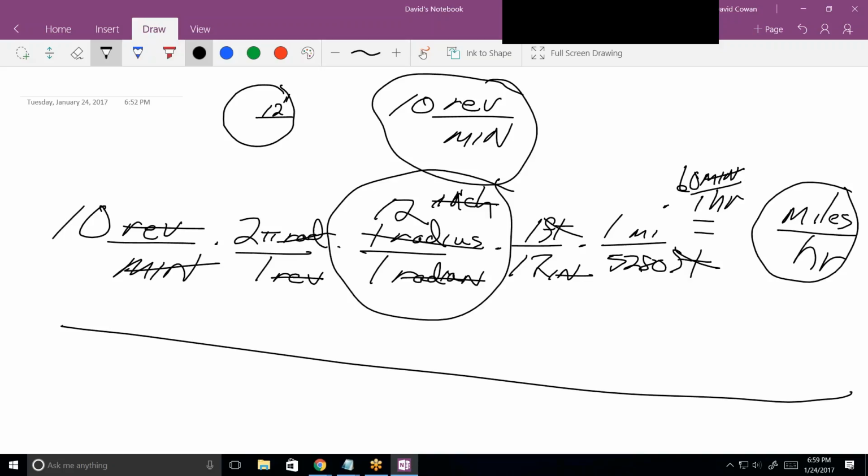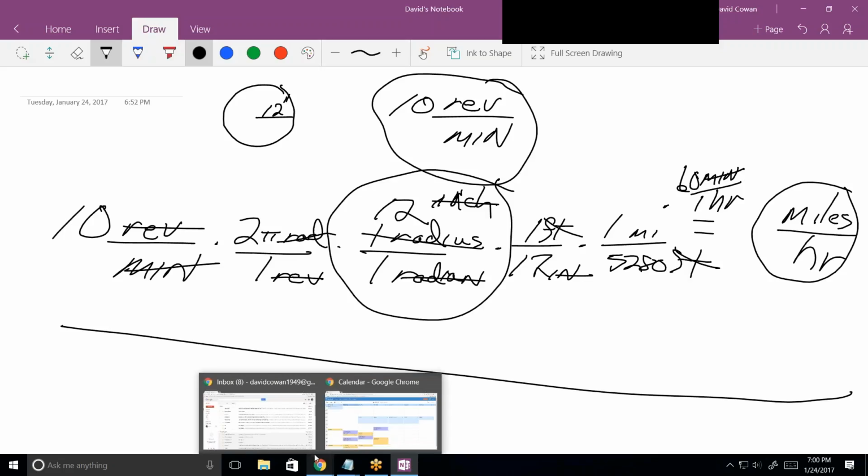We worked with some of these before, and I noticed that for most of the ones they gave you, you were solving for the radius of the wheel, and they told you that 10 revolutions per minute converted to 40 miles per hour, what's the radius of the wheel? Well, that just means your variable is the middle term here. You still have to get all the units to cancel. It's just instead of 12, it's x that we're solving for, or r.